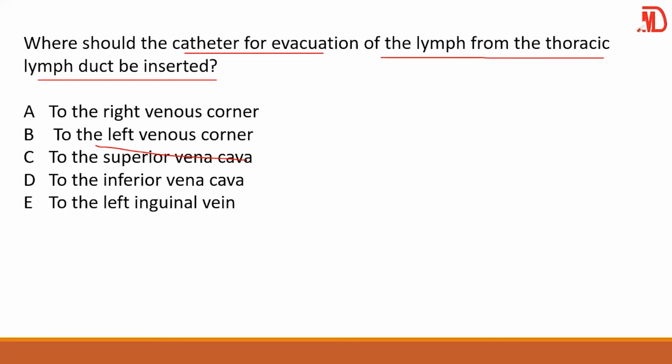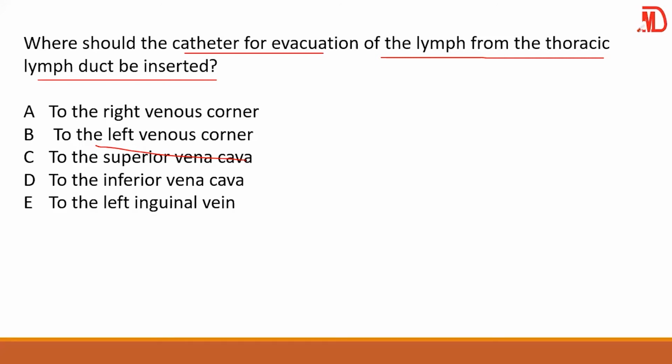So this is the anatomical position of where the thoracic duct is. It is where it empties into the left internal jugular vein. And by saying that, we are referring to the left venous corner.